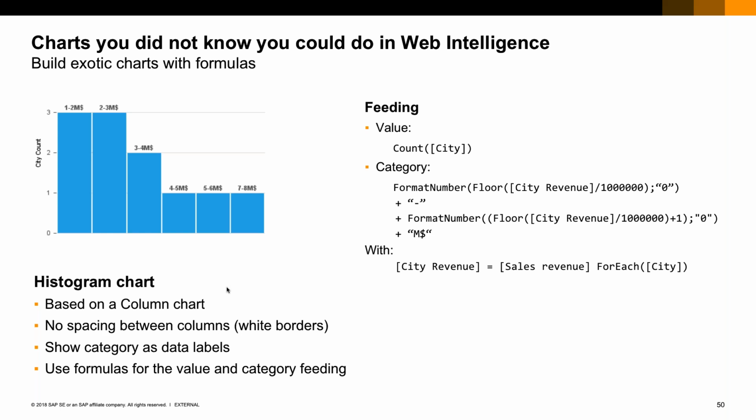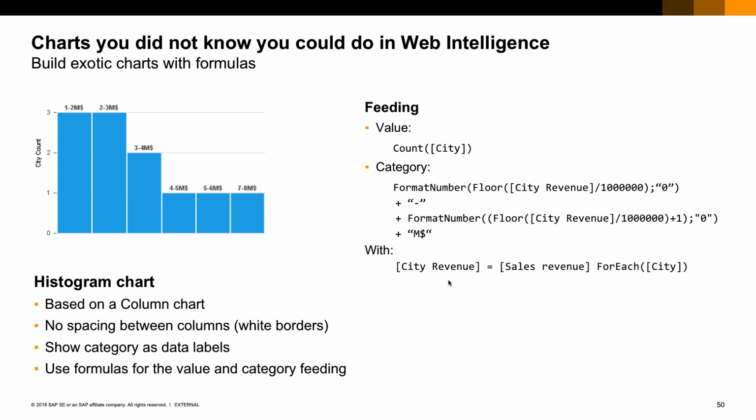Okay, and in the histogram, the measure is usually a count. So here I've used a city, and I'm counting cities with the revenue per city. And then the category is based on this formula. It's actually a string you're building out of the city revenue, where the city revenue is the overall sales revenue for each individual city.